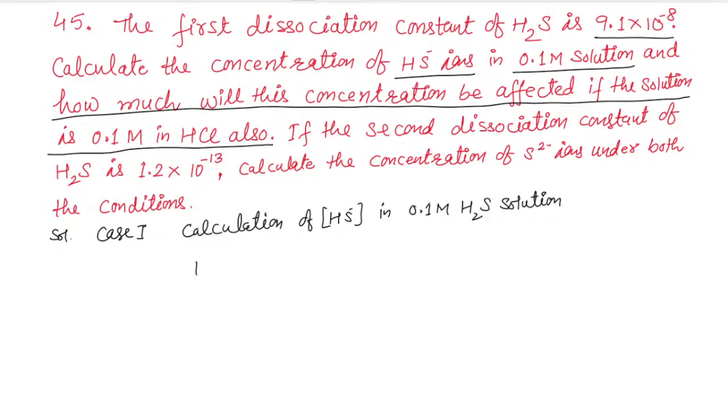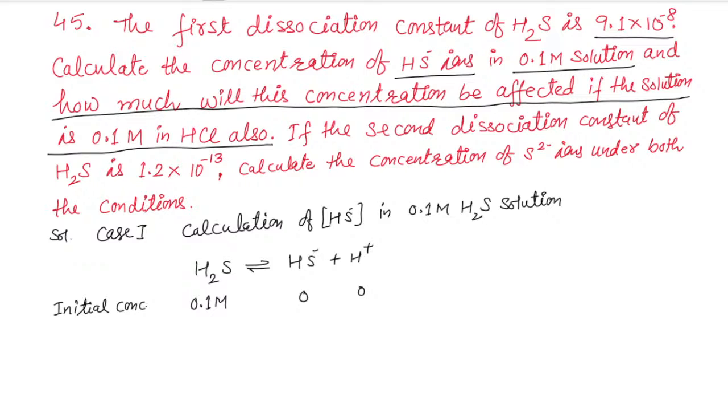See, H2S, you know, is a weak acid. So H2S gives HS negative along with H plus. Now the initial concentration of H2S is 0.1 molar and it is 0, 0.